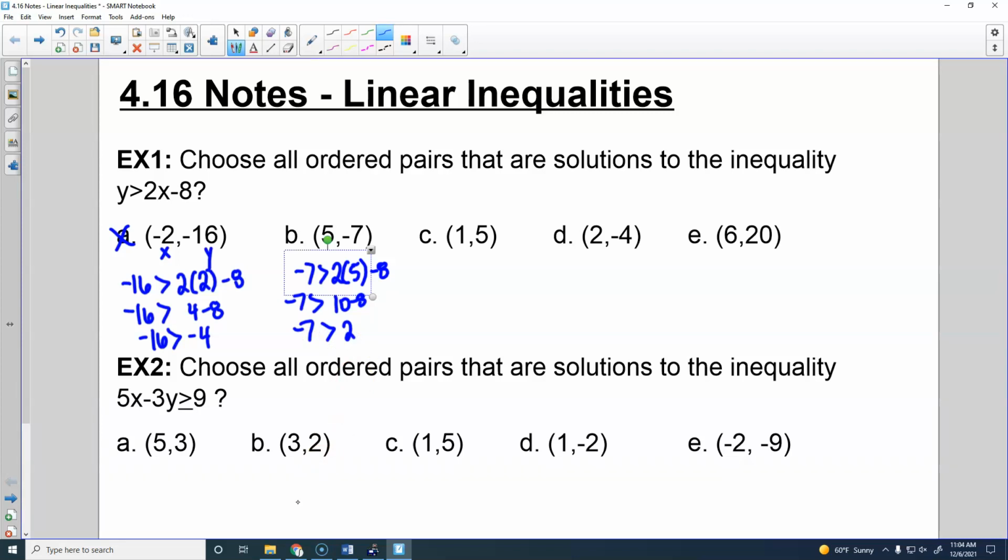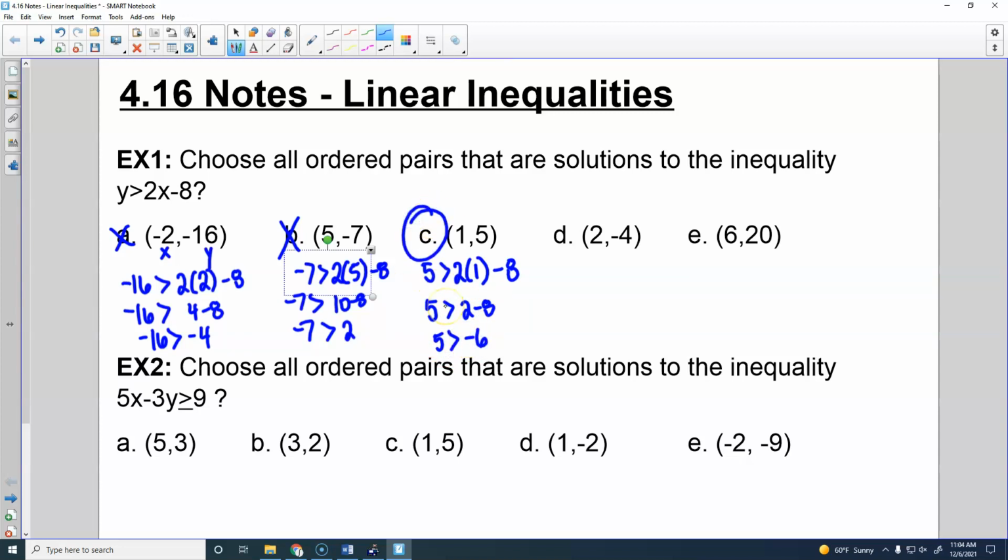No. Okay. If we try C, we plug in 5 for our y, greater than 2 times 1 minus 8. So I got 5 is greater than 2 minus 8. So 5 is greater than -6. Is that true? This is true.